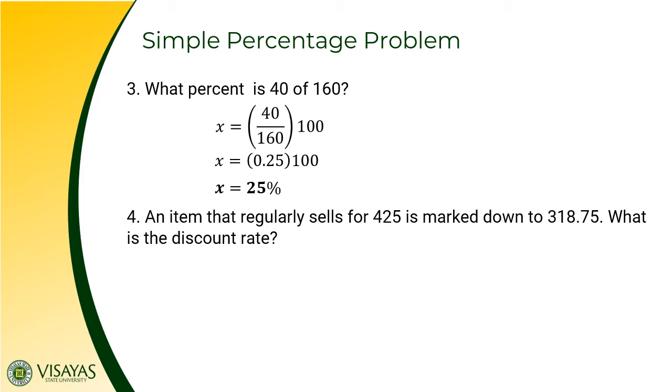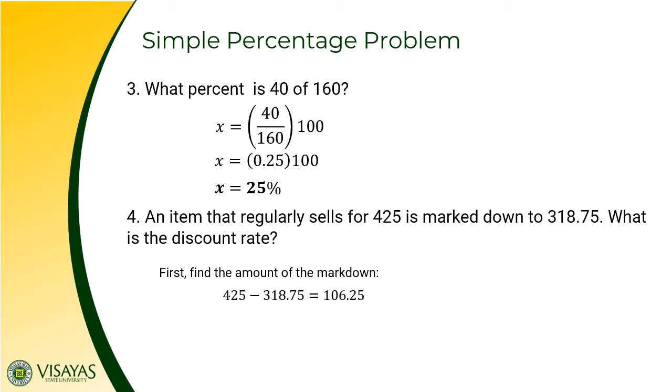Okay? And makukuha natin yan kapag isa-subtract lang natin, we're just going to find the difference between the original price and the new price na 318.75. Kapag isinubtract natin, yung difference nila is 106.25. Okay? Ibig sabihin, yung nabawas is 106.25.